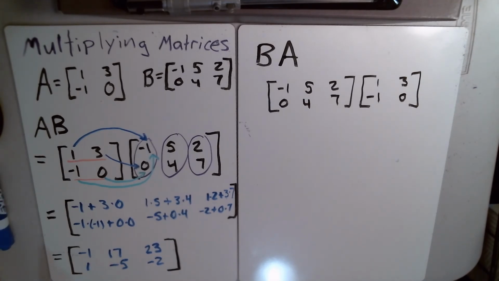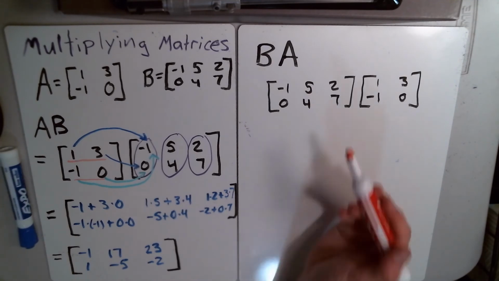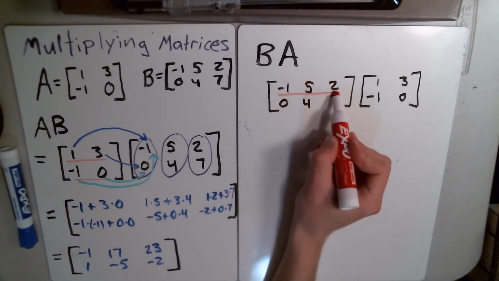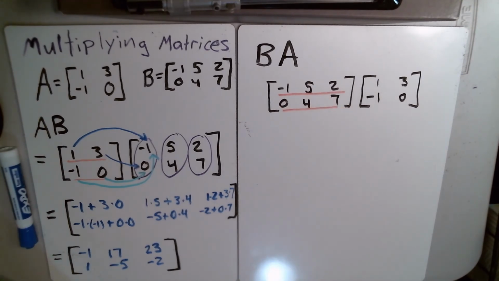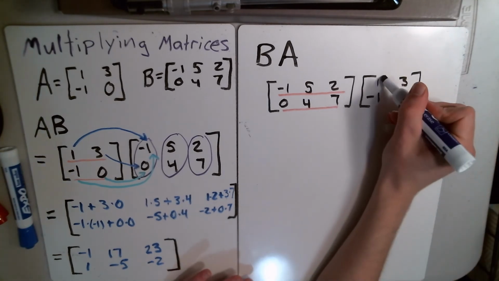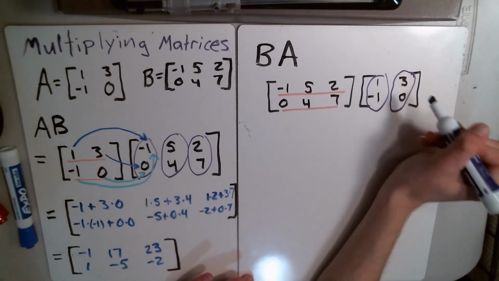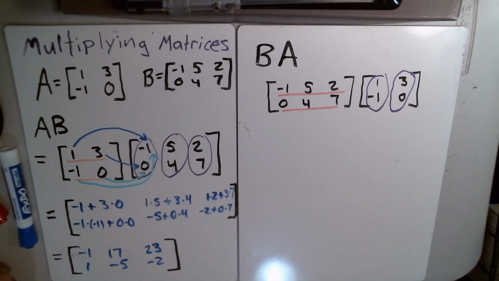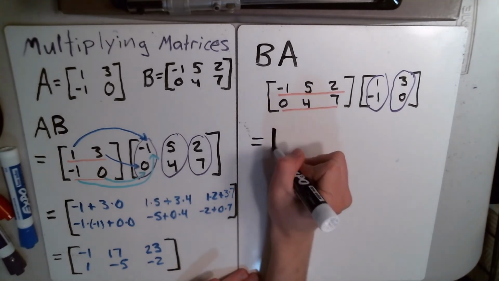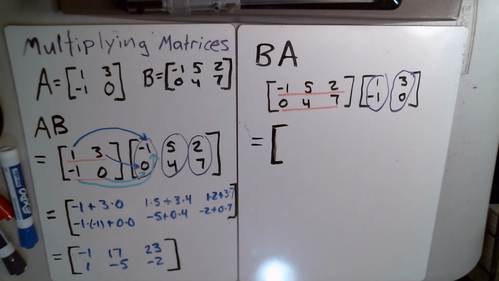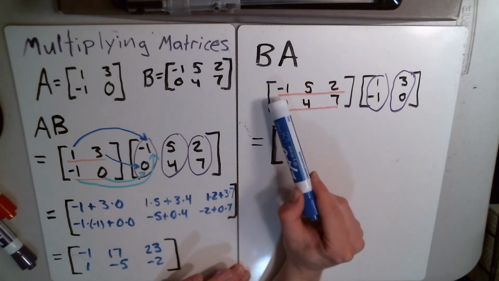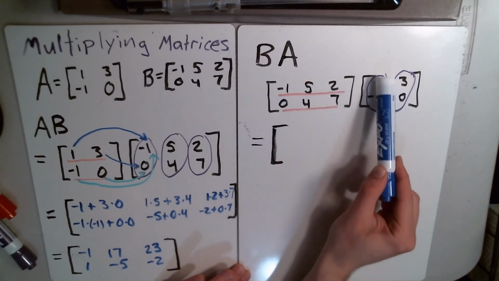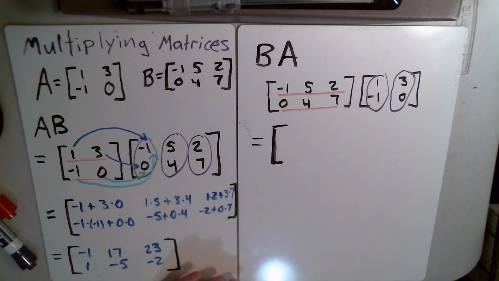To do this, I'm going to take the rows of the first matrix, and I'm going to be timesing them by the columns of my second matrix. Now you'll notice when you try to do this, for our first entry, we're going to take the first row and times it by this first column here.